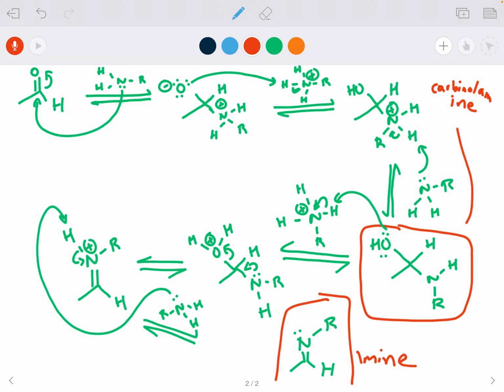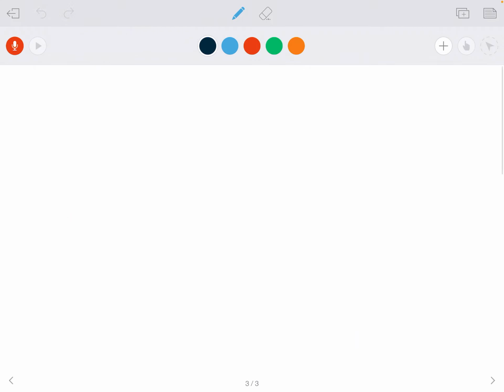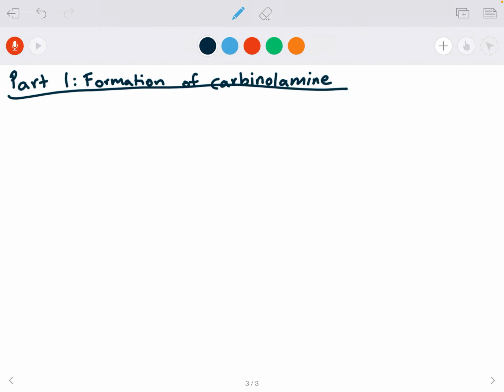So that is the mechanism. Notice a lot of proton transfers. That's the majority of what this mechanism is. Right, so walking through the steps, first part 1 is the formation of the carbinolamine.